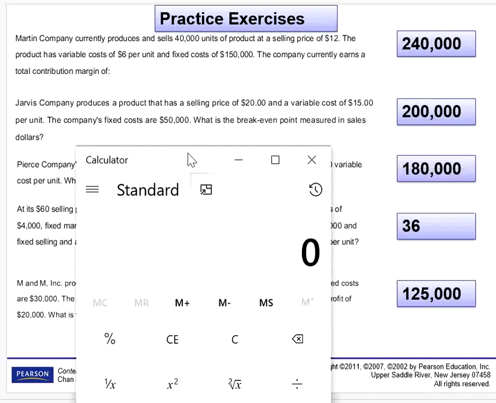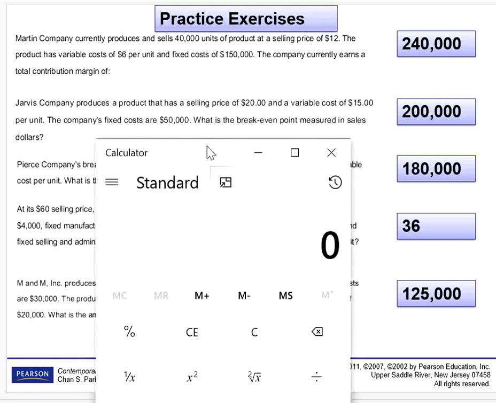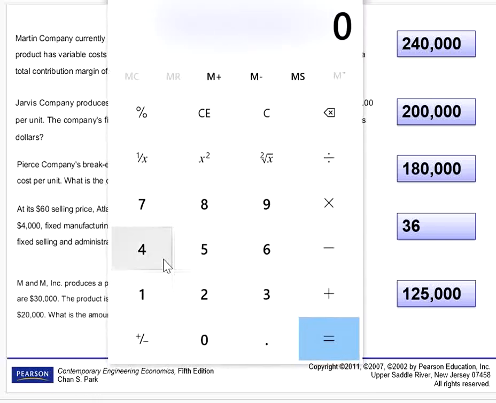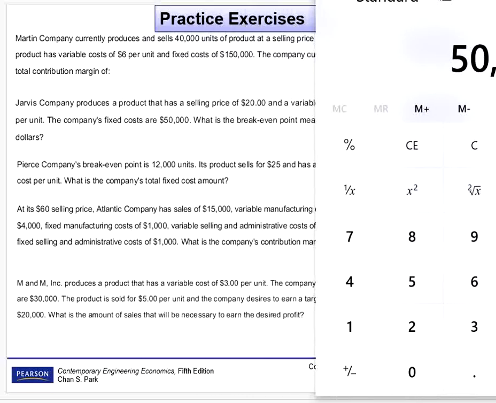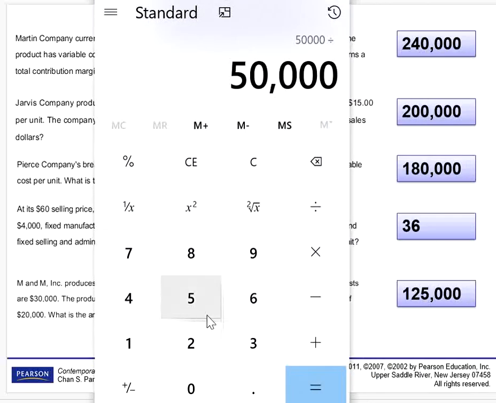X is F over P minus V. F is 50,000, divided by 20 minus 15, P minus V, right? P is 20, and 20 minus 15 is 5, so 50,000 divided by 5 is 10,000.